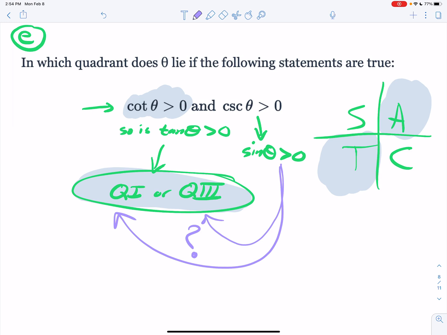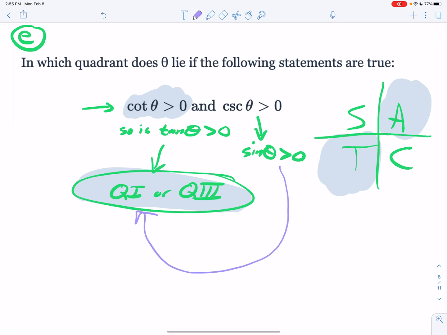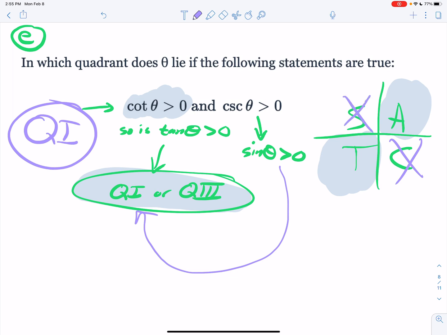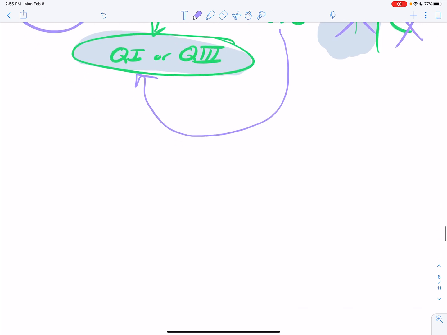Which one, quadrant 1 or quadrant 3? Press play when you're ready, okay? Sine will also be positive only in quadrant 1 here. So there you go. Again, you're just narrowing down the clues until you figure out your 1 quadrant, okay?